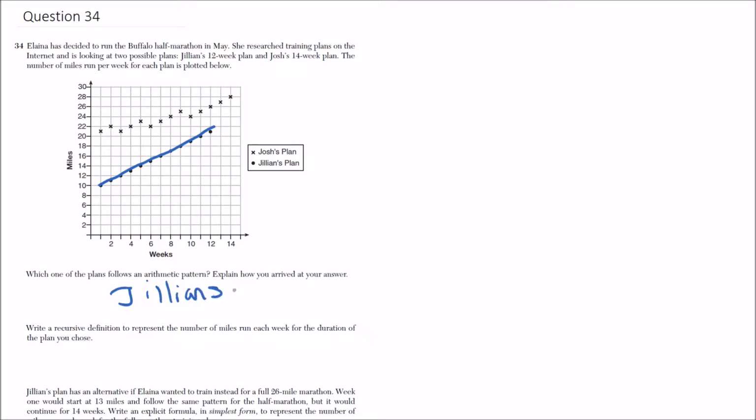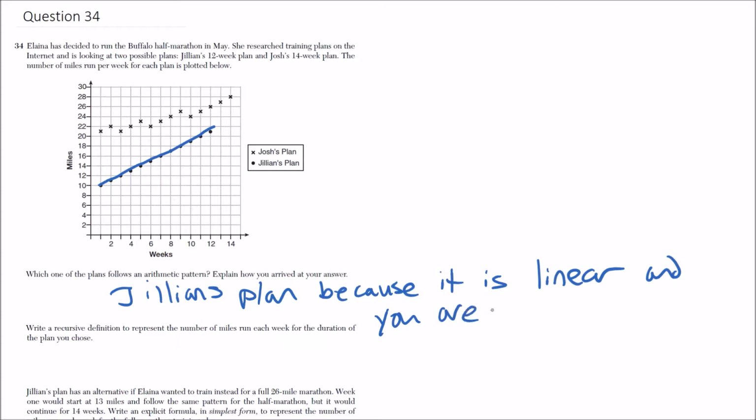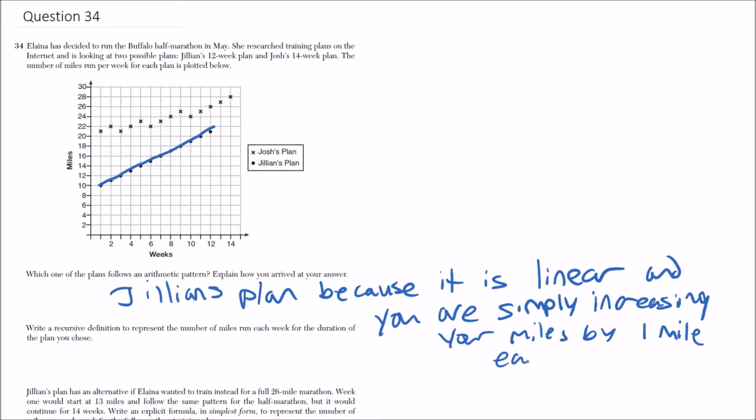So Jillian's plan, because it is linear, and you are simply increasing your miles by, we're going from 10 to 11 to 12 by 1 mile each week.